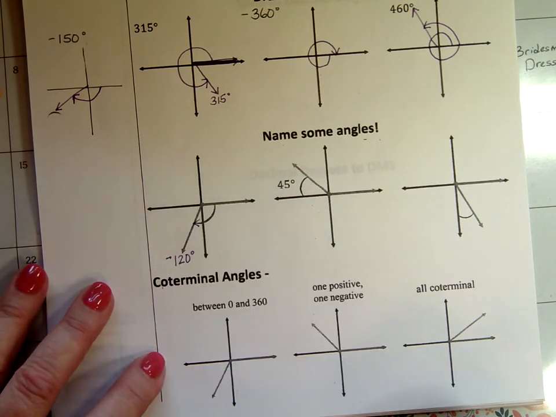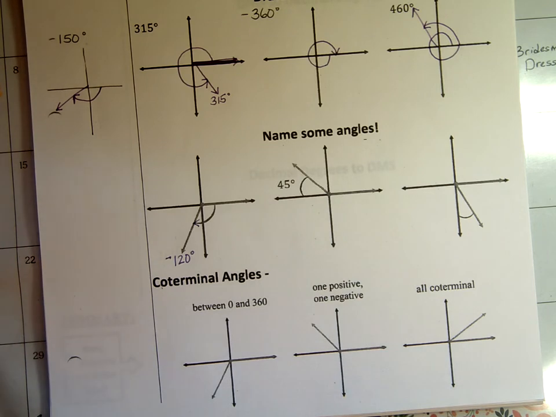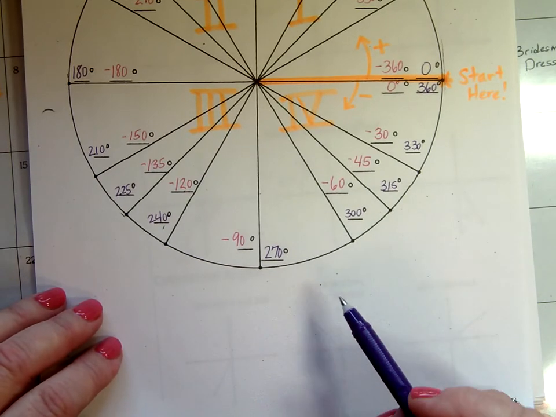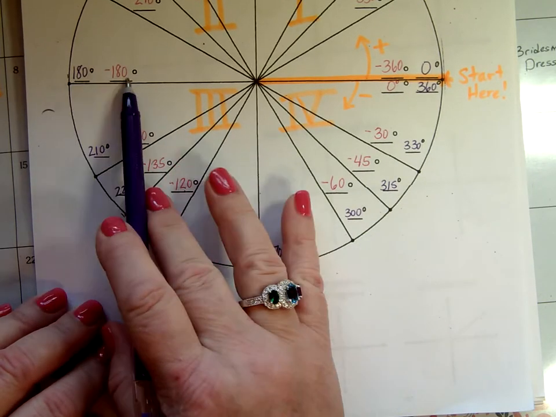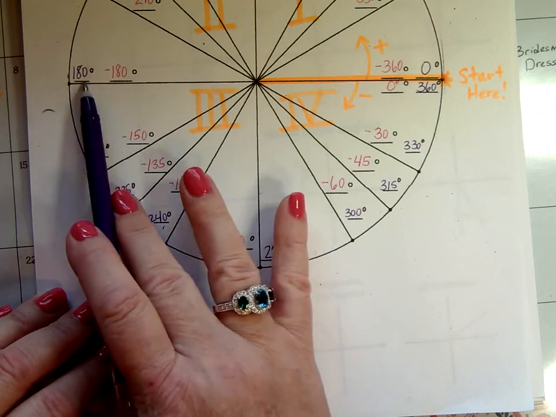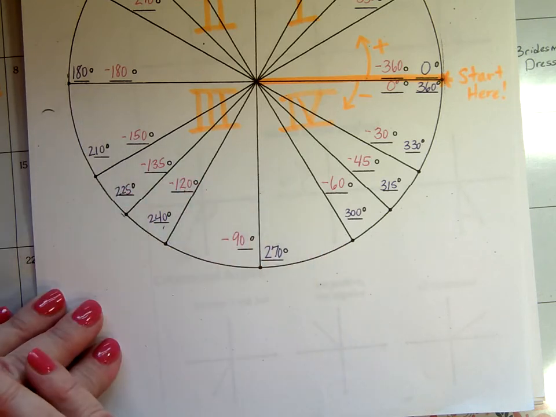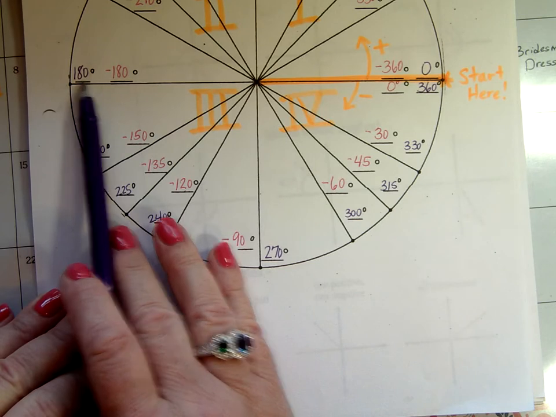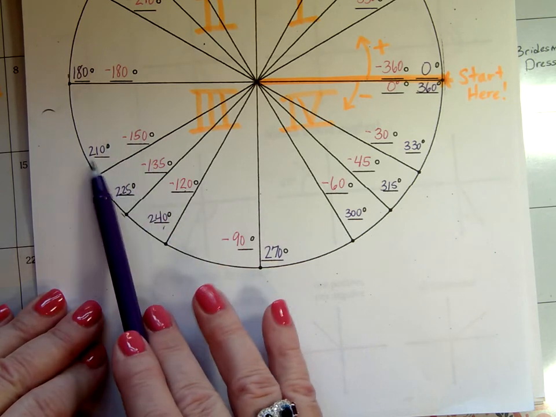Now let me go back to this circle because this was something I was thinking about, but I never really talked about it. What's something that you notice about these angles if you were to add them together? Now remember, the negative sign is just a directional thing. It's just telling that you went down to make the angle. But like if I look at this, 180 plus 180, 210 plus 150.